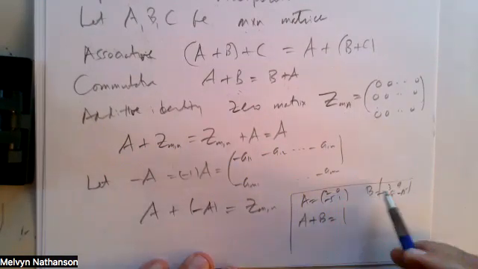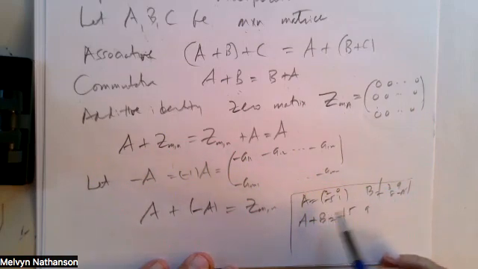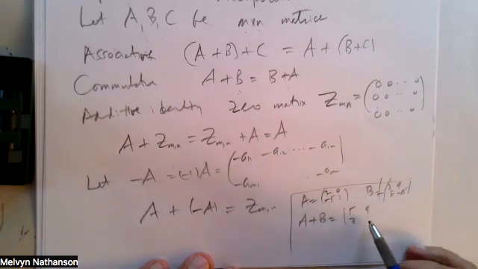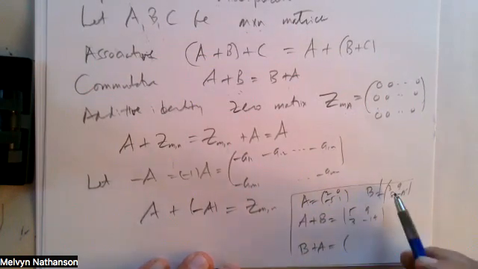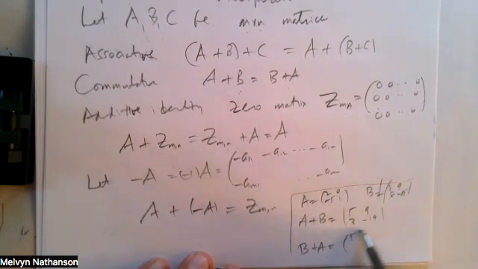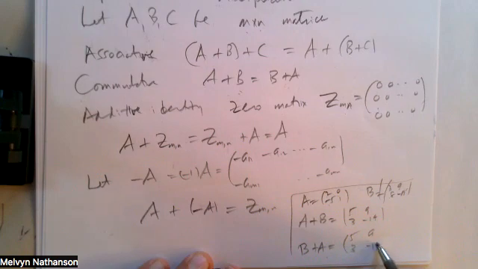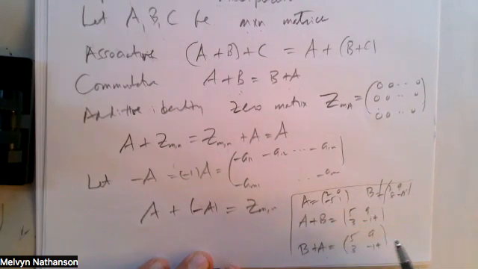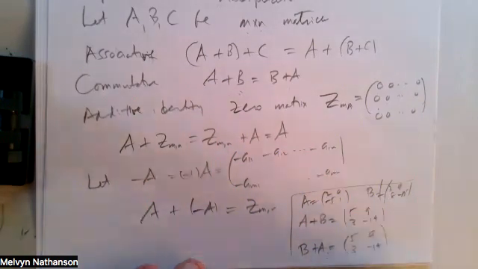I add them. 2 plus 3 is 5, 0 plus 9 is 9, minus 5 plus 8 is 3, 1 minus 15 is minus 14. That's A plus B. Suppose I add B plus A. I get 3 plus 2, 9 plus 0, 8 minus 5, minus 15 plus 1. Compare these two. They're exactly the same. A plus B equals B plus A.